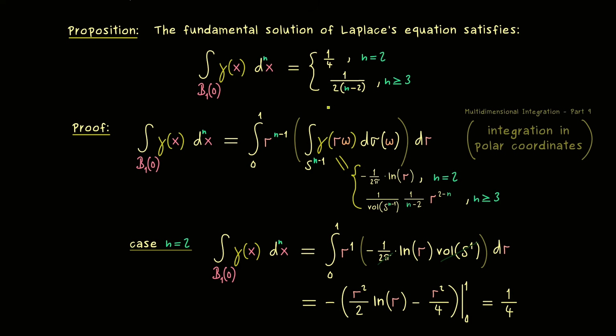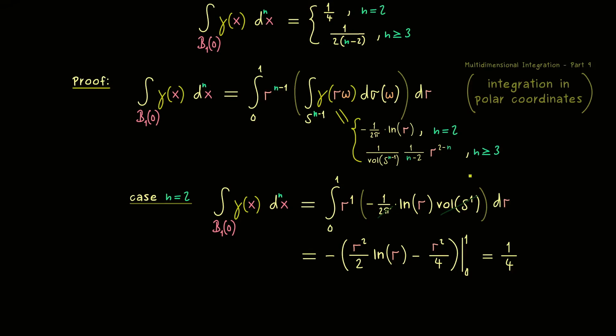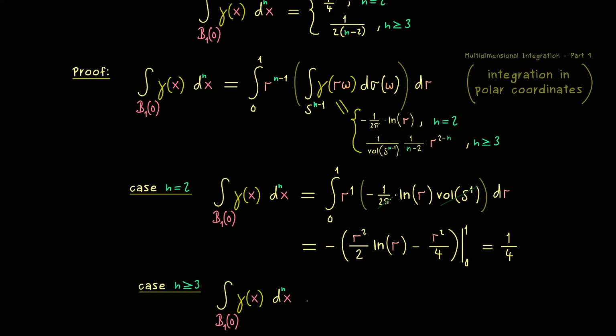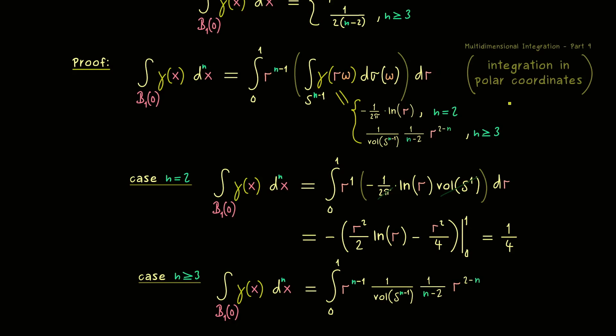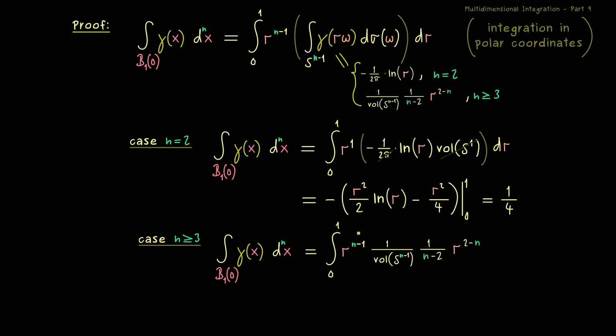And in fact, the second case is even easier to solve. Simply because there we just have a power of r to integrate. And now as before, let's do a similar thing, which means first using our polar coordinates to get this factor in. And then after that we have our gamma function and then the surface integral, which we can immediately solve.